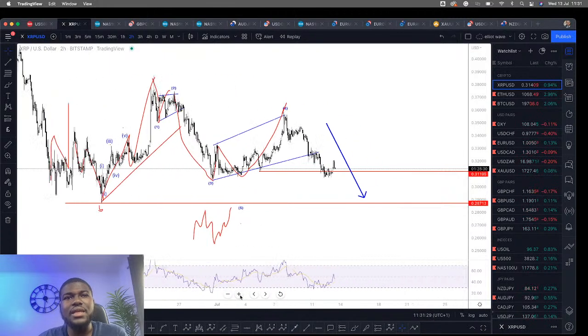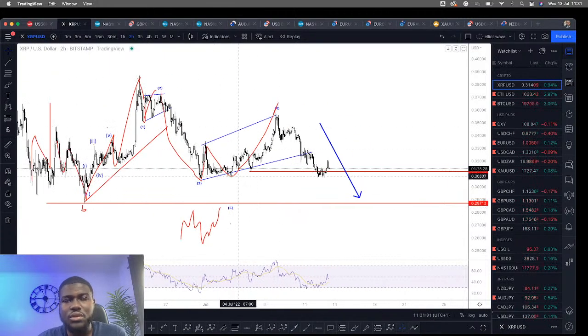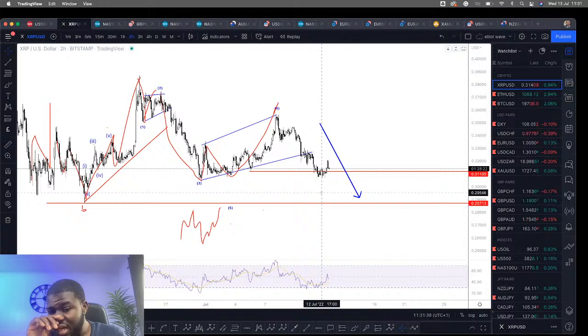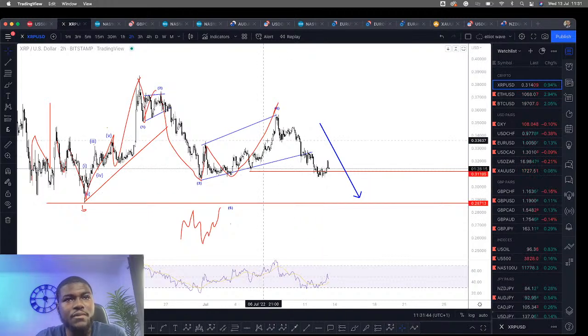So let's hope we are hitting the bottom already. So this is wave 1, wave 2, wave 3, wave 4, and wave 5 is going down today, the low side. So that's that for Ripple. Ripple will soon end up the impulse.